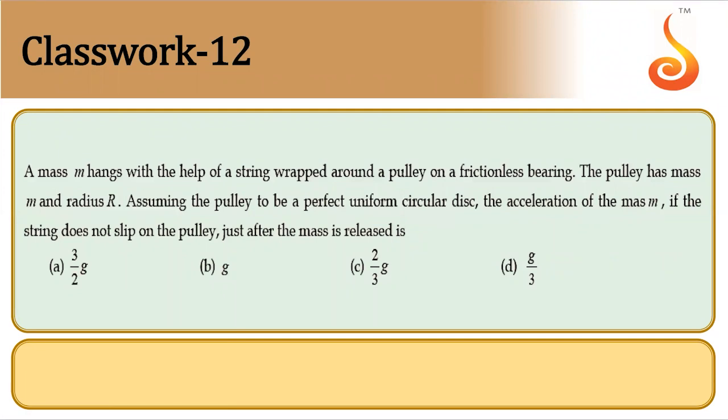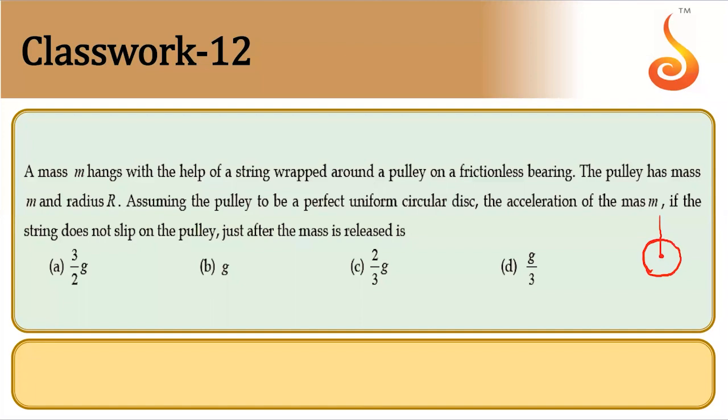A mass m hangs with the help of a string wrapped around a pulley on a frictionless bearing. The pulley has mass m and radius r. Assuming the pulley to be a perfect uniform circular disc, the acceleration of mass m, if the string does not slip on the pulley, just after the mass is released is. So there is a pulley.